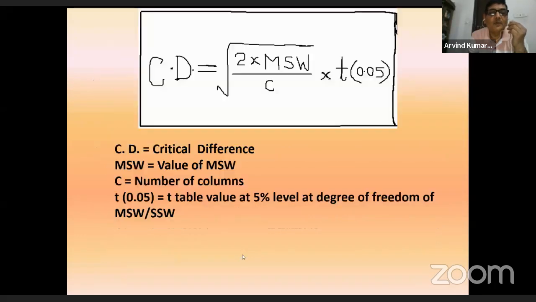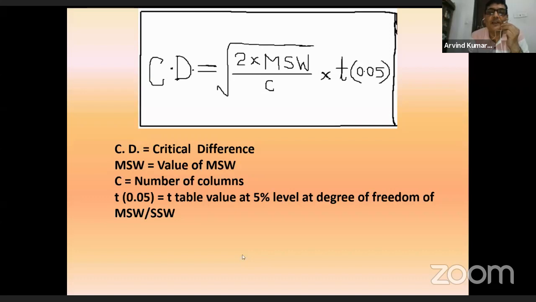Now see here, we can do it manually as well as through a computer program. And the manual calculation is quite simple. What I have shown here is that we have to calculate the critical difference, referred to as CD. This critical difference is equal to square root of 2 into MSW value, whatever MSW value is available to us, divided by number of columns, and then that value will be multiplied with the t table value.